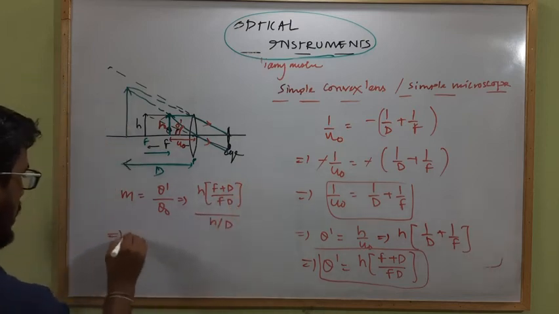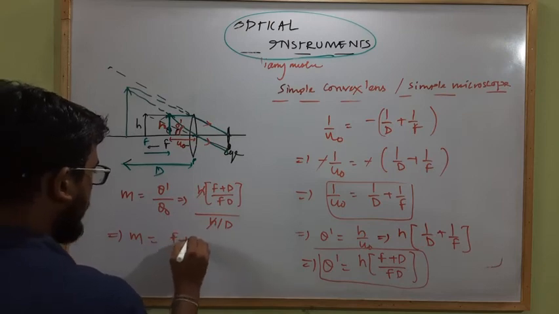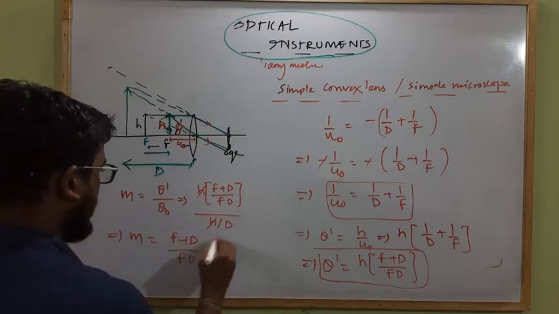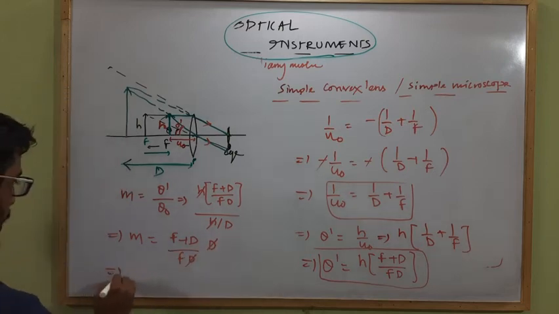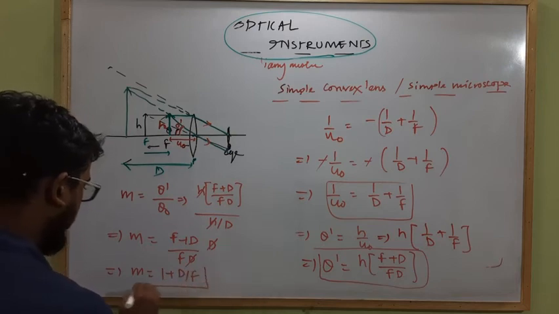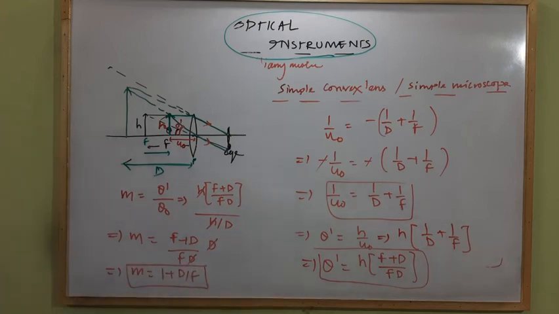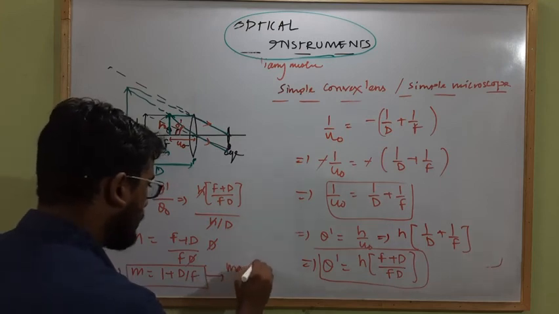So this implies you will get the magnification m equal to, h will get cancelled, f plus d divided by fd into d. So d will get cancelled. So the magnification m will be 1 plus d by f. Clear? Okay, so this is the maximum magnification.